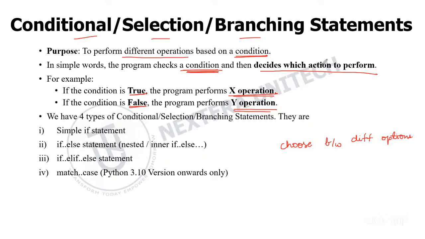If the condition is true, it will run a certain block of code. If it is false, it will run another block of code or perform the Y operation. In that way, conditional statements work.